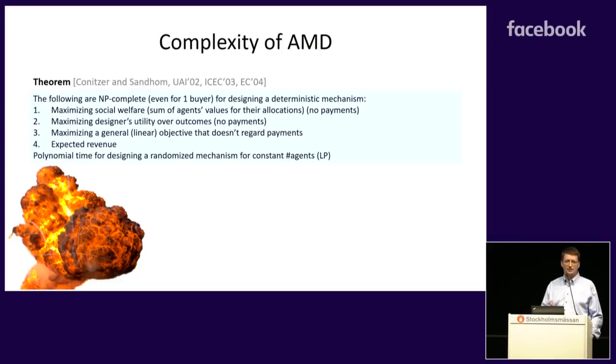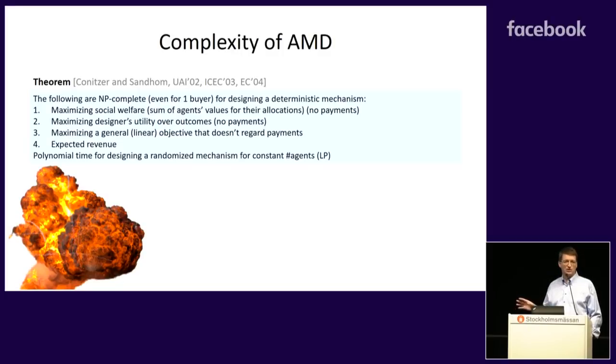We are trying to design revenue-maximizing multi-item mechanisms. So that's NP-complete if you want to design a deterministic mechanism. And what that starts to tell us is that maybe it's not a coincidence that the literature of manual mechanism design has gotten completely stuck in multi-item revenue maximization.